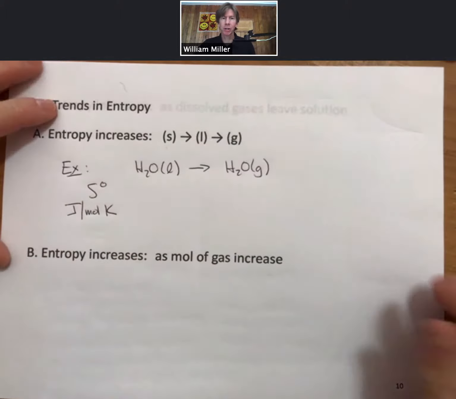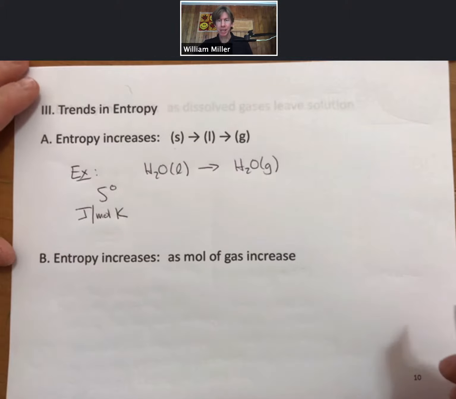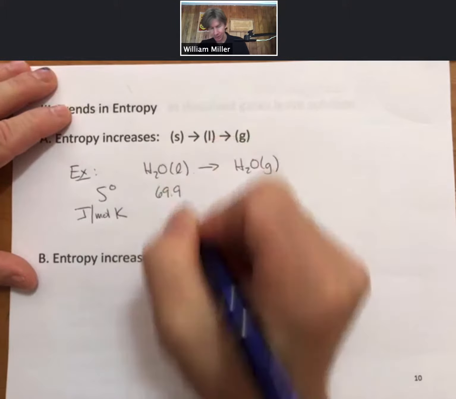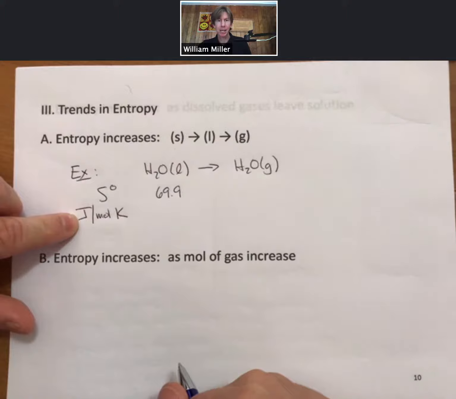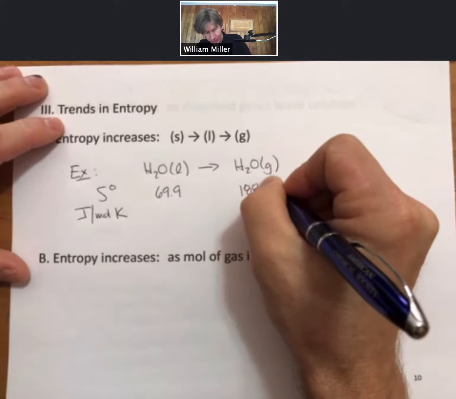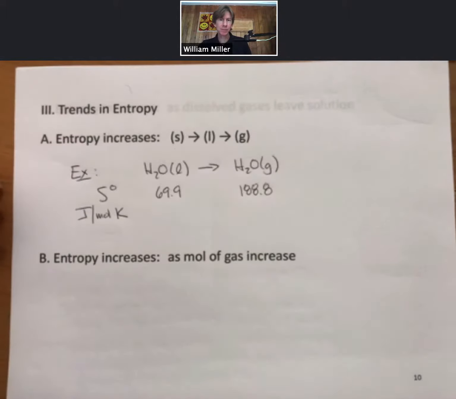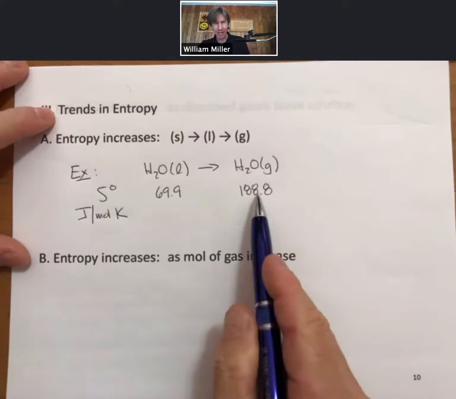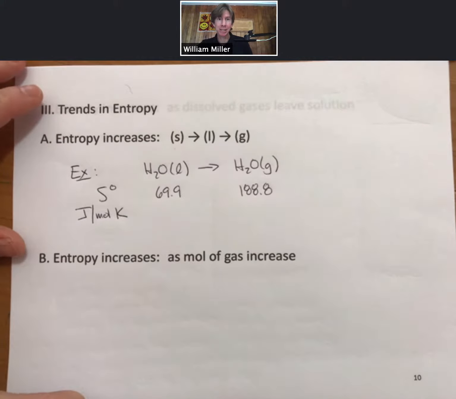Their units are joules per mole Kelvin, and for liquid water you get 69.9 joules per mole Kelvin, and for gas you get 188.8.